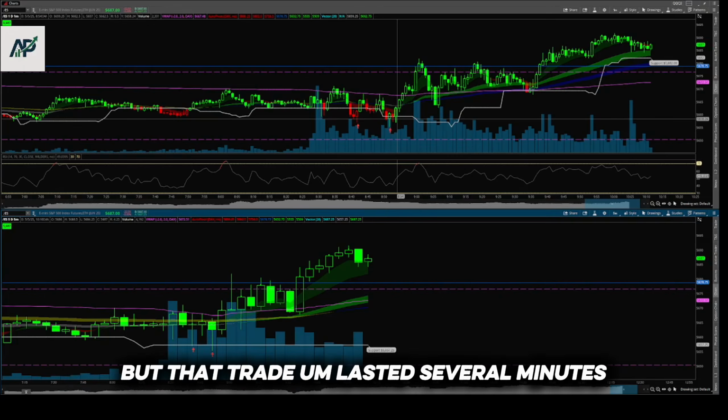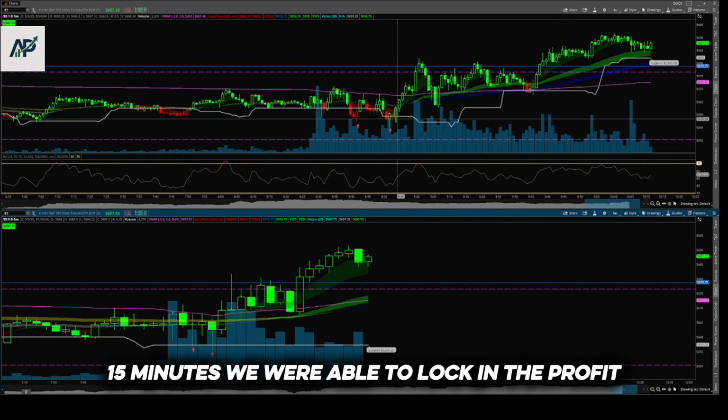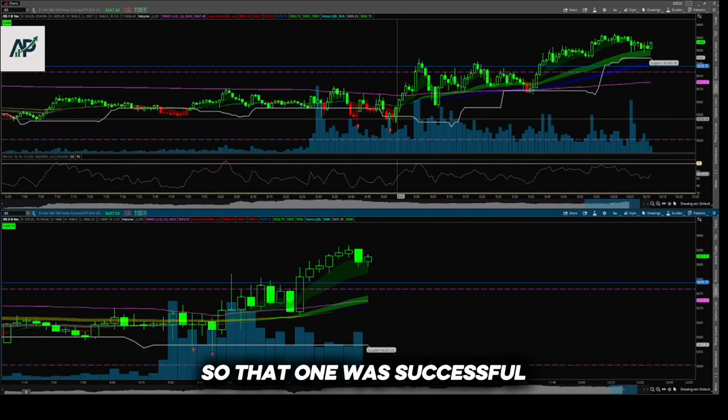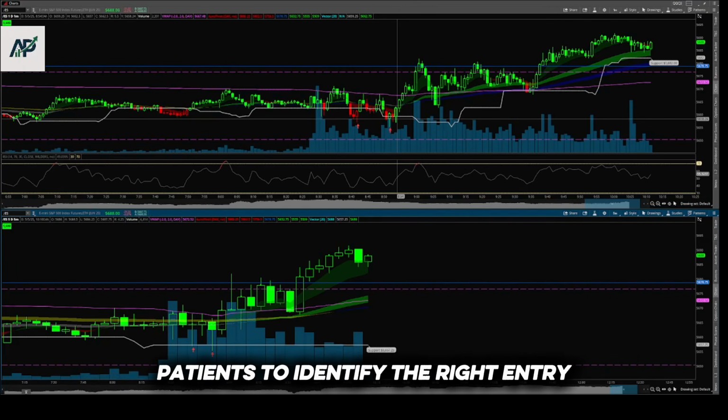But that trade lasted several minutes, maybe less than 10-15 minutes, where we were able to lock in the profit, so that one was successful.